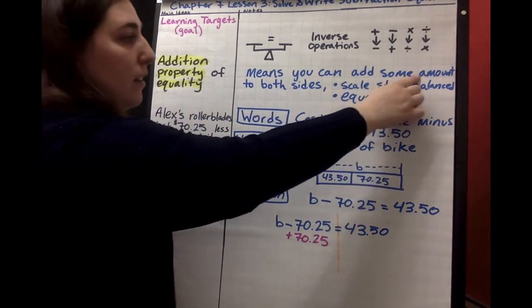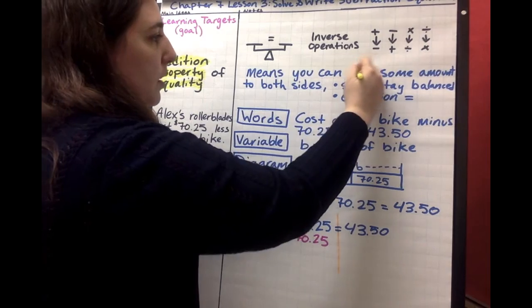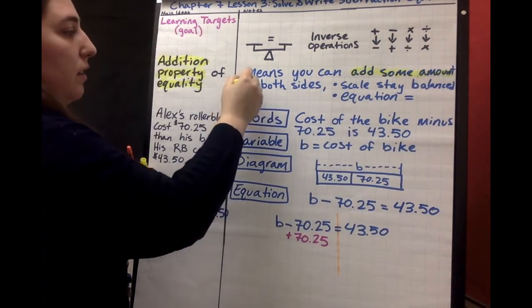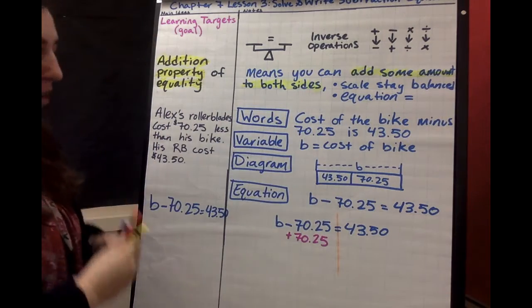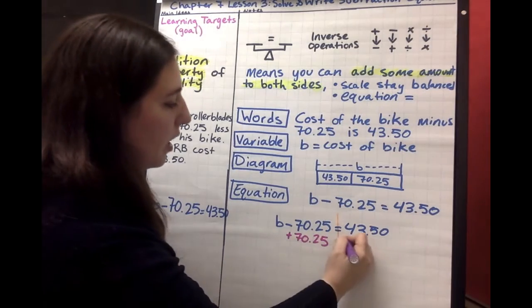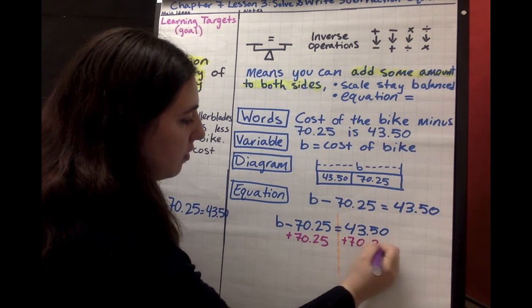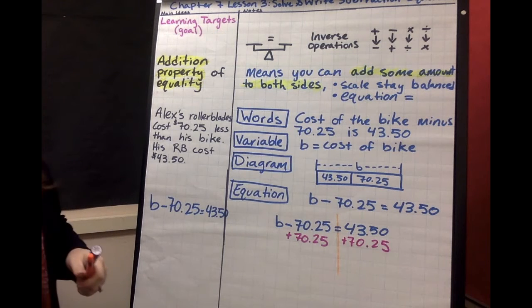You have to add the same amount to both sides. And highlight that because that's really, really important. Add same amount to both sides. Okay, so using the addition property of equality, I'm going to add the same amount to both sides.